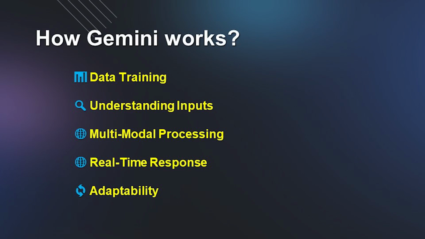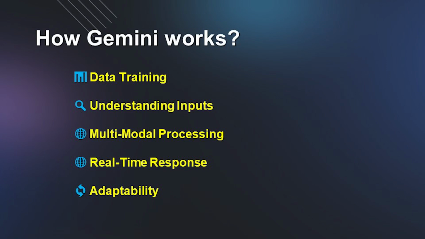One of Gemini's most impressive features is its ability to combine inputs from different modalities. For instance, you can upload an image of a graph and ask questions about it. Gemini will analyze both the visual data and your text query to provide a precise answer.